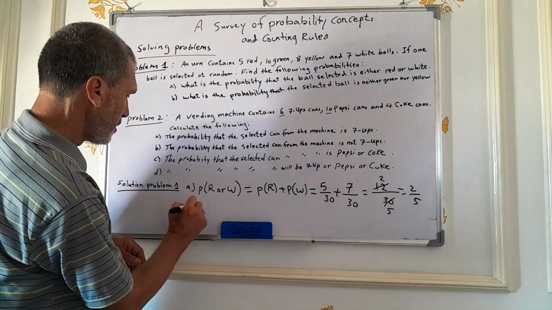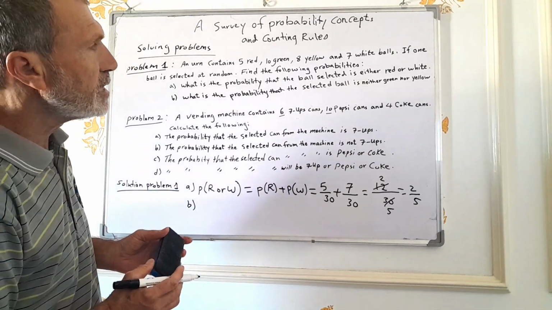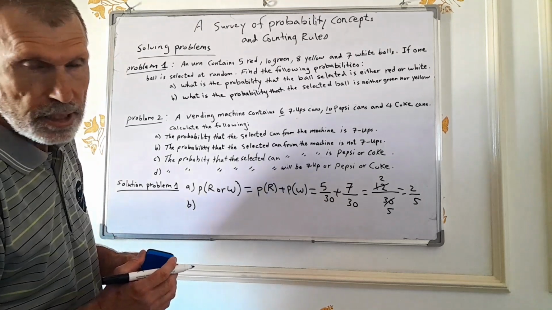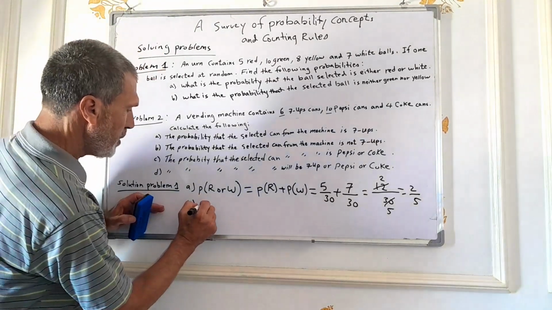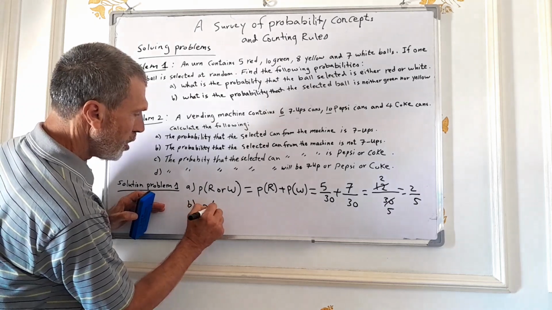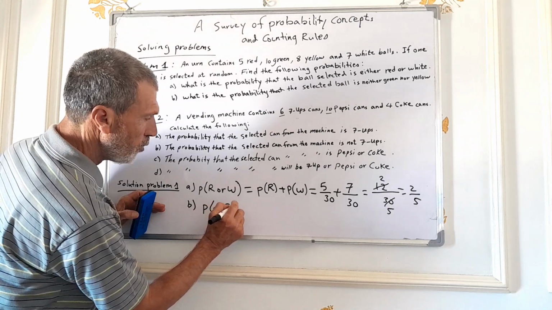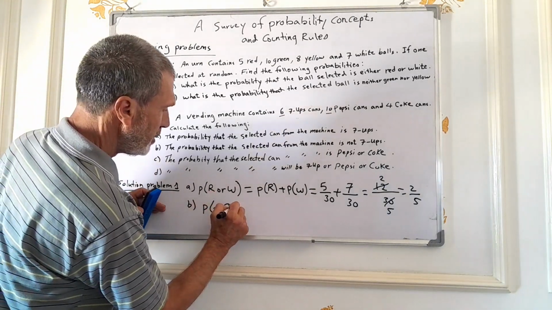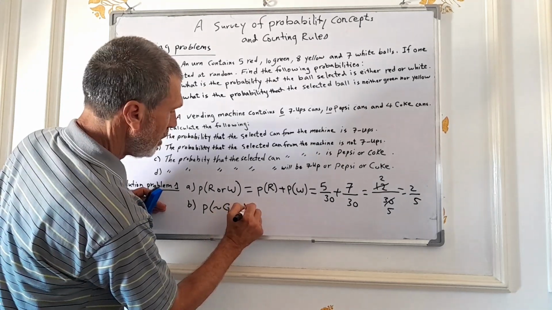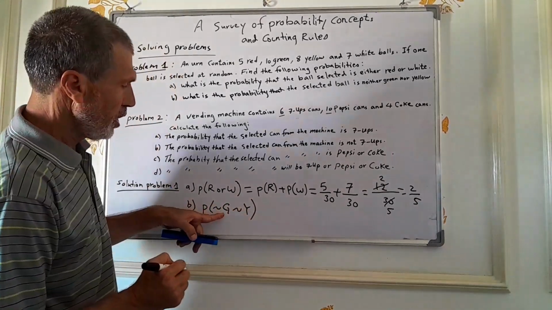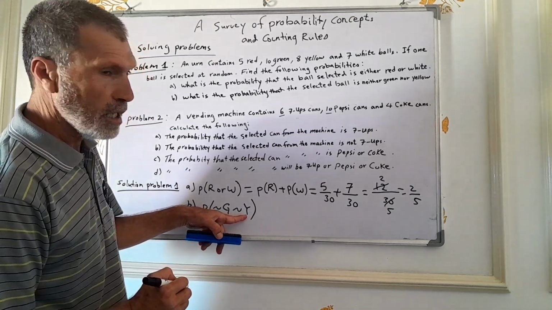B, what is the probability that the selected ball is neither green nor yellow? So here we're talking about the complement. Okay, so probability of neither green nor yellow. Well, G stands for green, and Y stands for yellow.